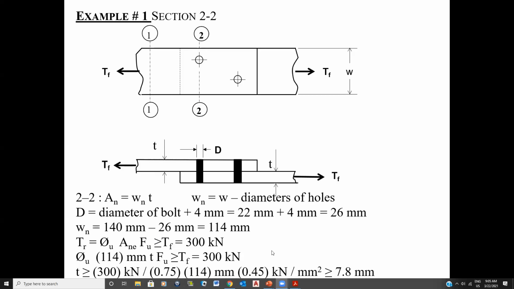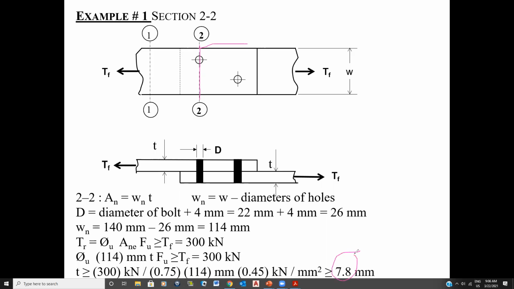Like I said, I'm going to be putting everything in 0.45 kilonewtons per square millimeter. And therefore, in order for this plate not to fail, I need a thickness of 7.8 millimeters.